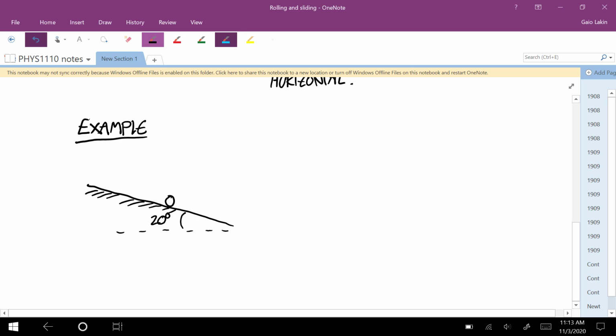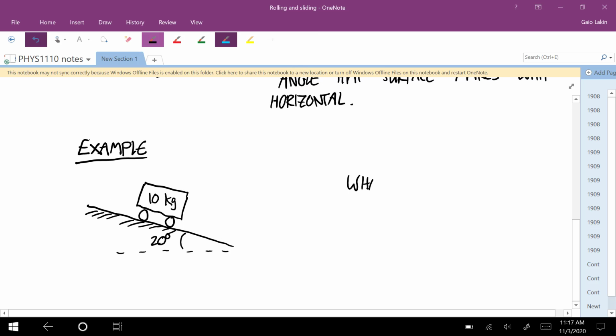Okay, so you have a cart that's rolling on this surface. Okay, and let's say that this has a mass of 10 kilograms. That angle is 20 degrees, and we want to calculate the acceleration vector of this cart.